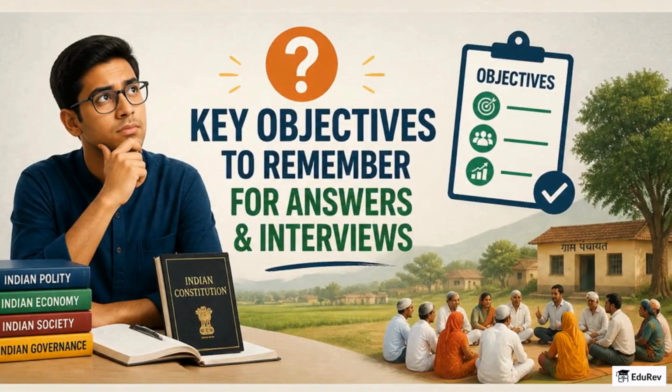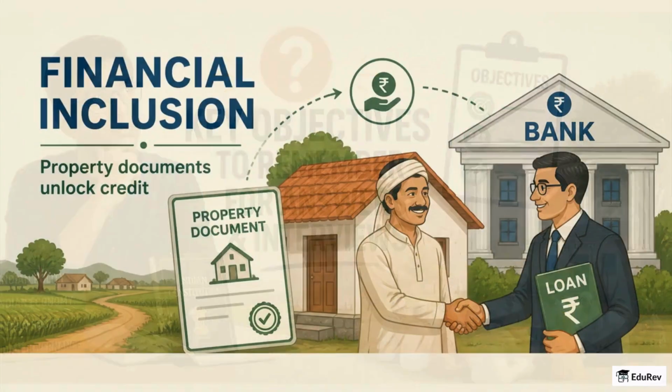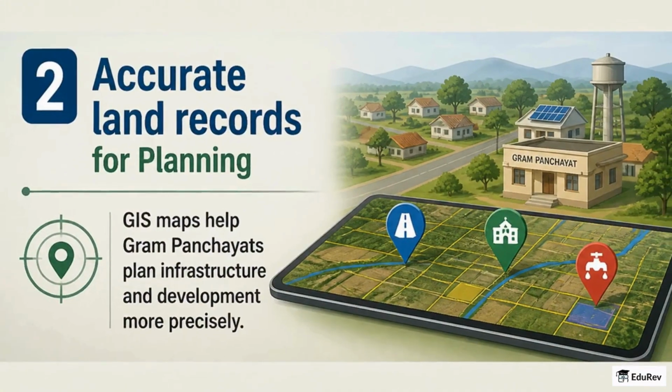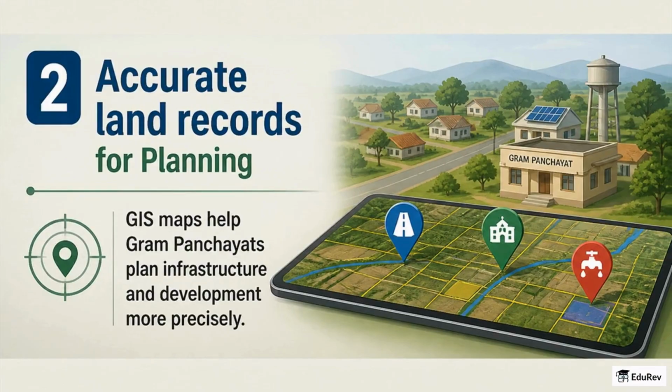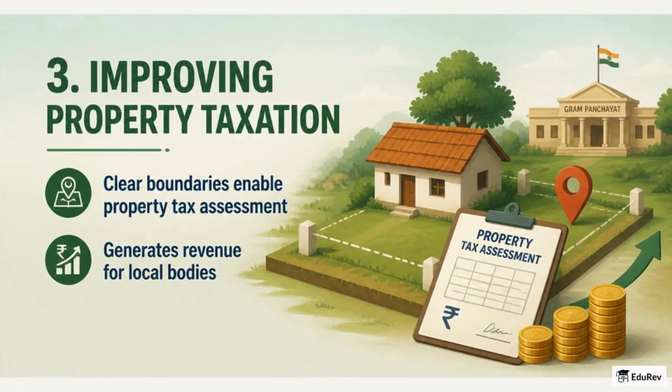So what are the concrete objectives you should remember for your answers and interviews? First, financial inclusion, enabling rural property owners to access credit by having recognized property documents. Second, accurate land records for planning. GIS maps help Gram Panchayats plan infrastructure and development projects more precisely. Third, improving property taxation.